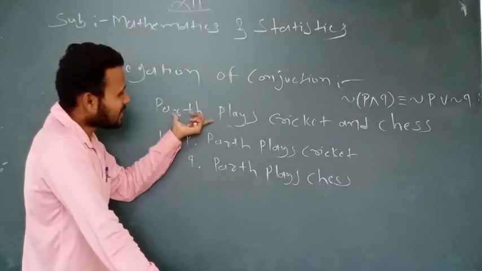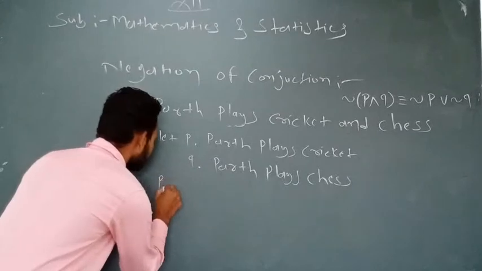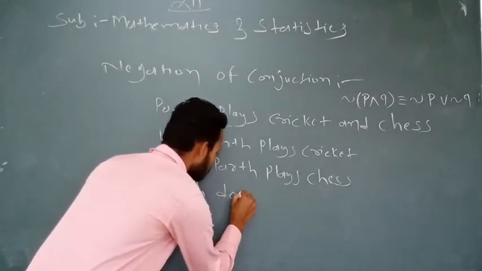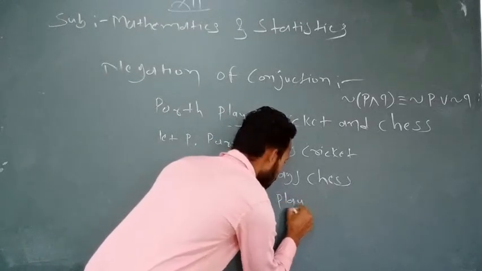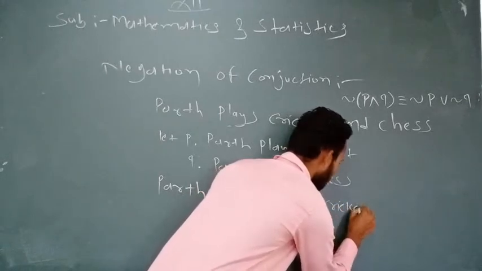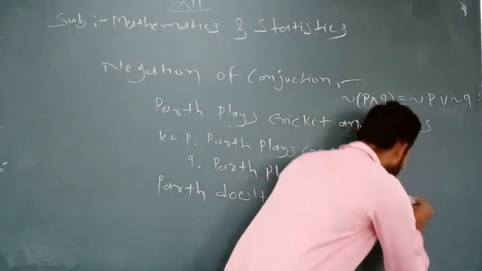Therefore the negation of that compound statement is: Park doesn't play cricket or he doesn't play chess.